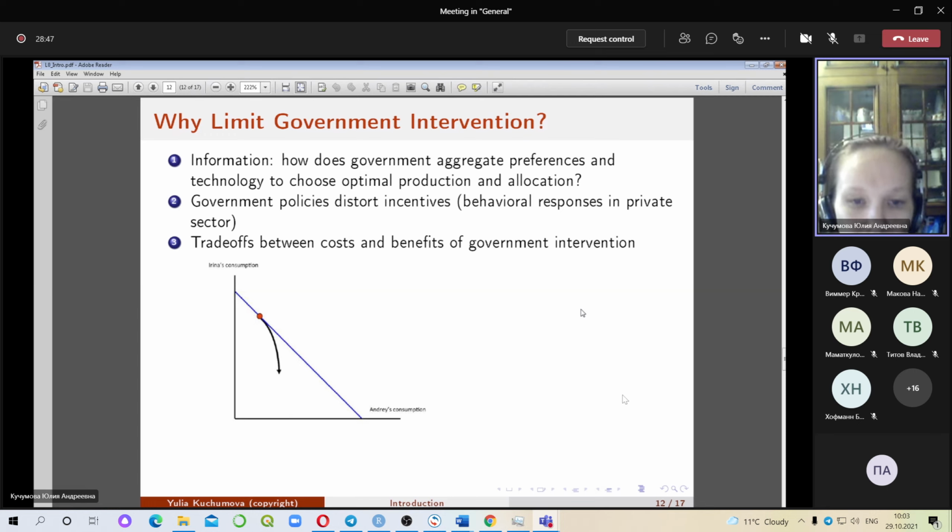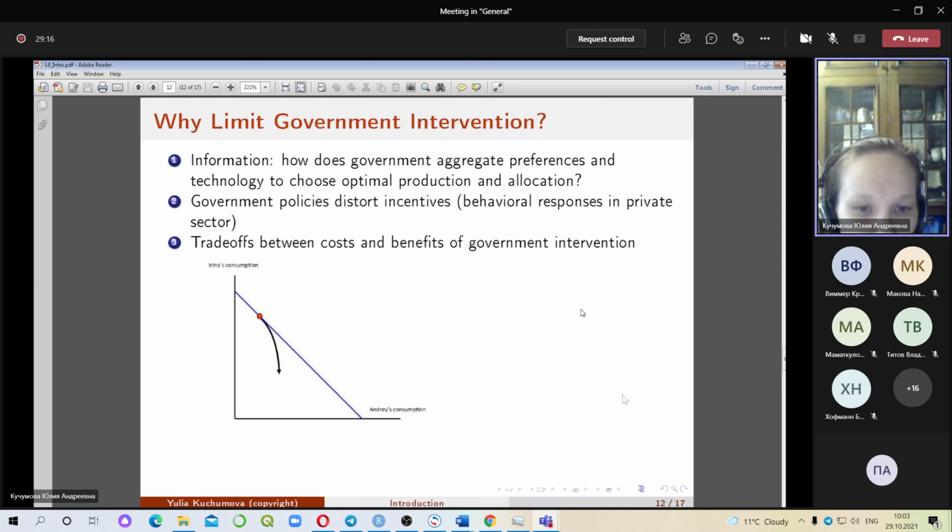And the graph shows the same budget line, but the illustration is that we start from this red dot that represents some unequal outcome, when one person consumes more than the other.